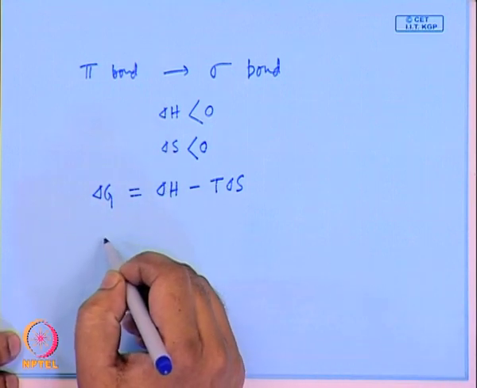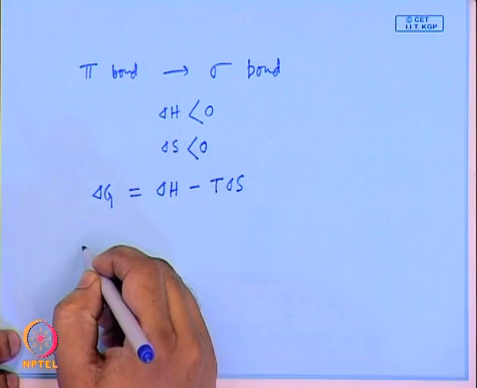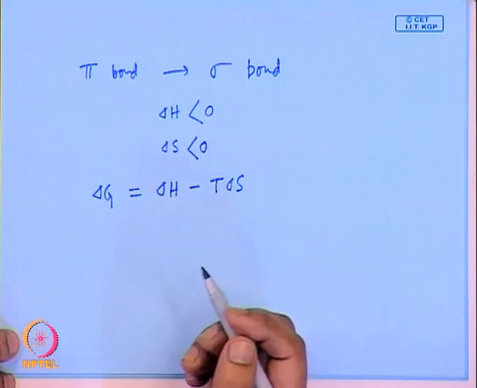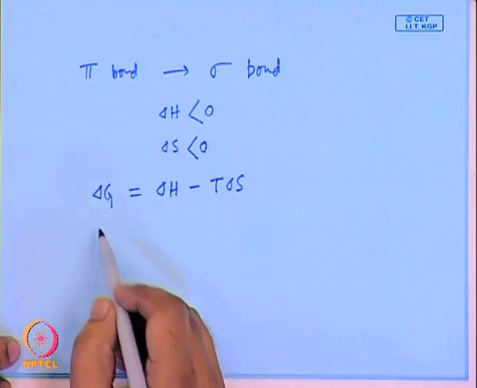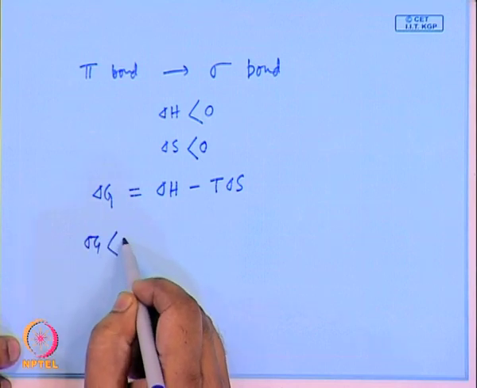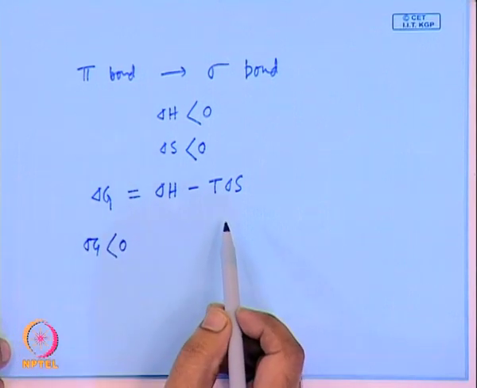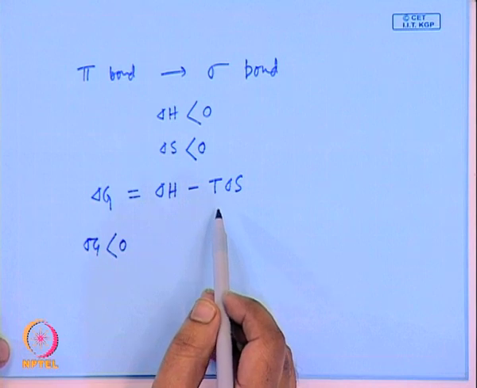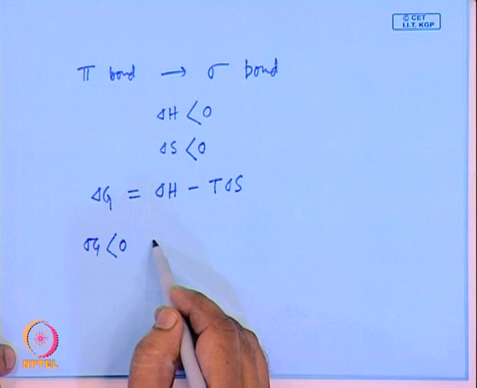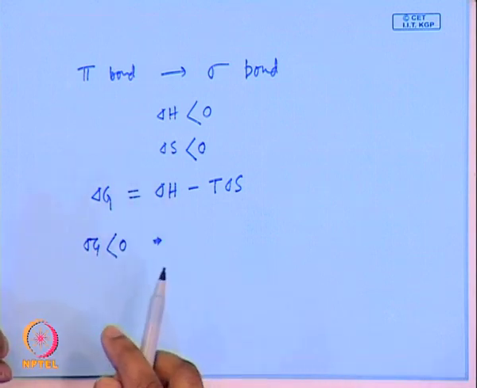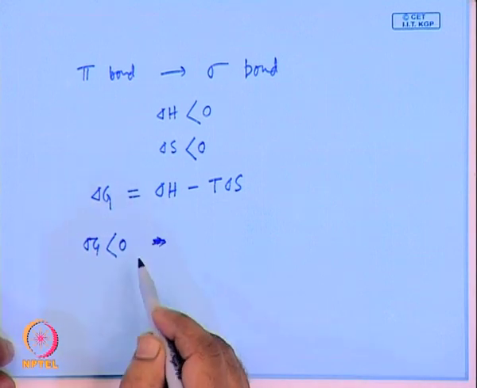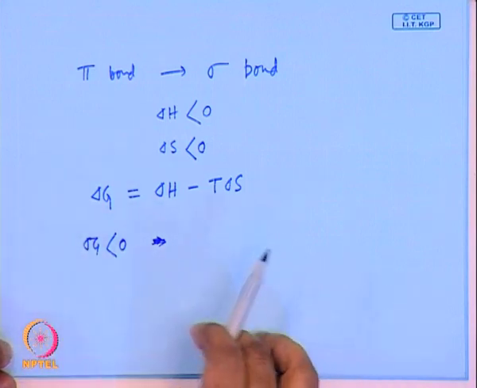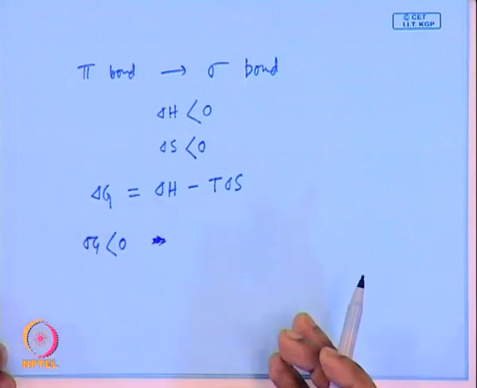So, these chain polymerizations are thermodynamically feasible in most cases. Delta G is less than 0 for the typical temperature where we do reactions in the lab, which means that most of these double bond containing monomers should polymerize given their thermodynamic feasibility.